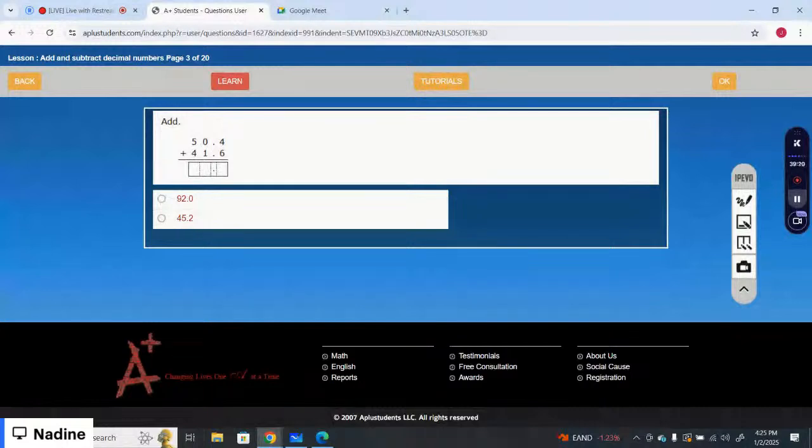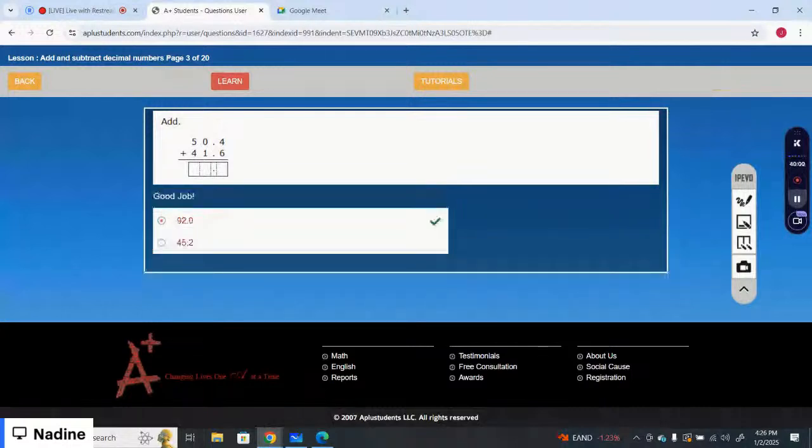So which is the correct option? That is 92.0. Option number one is the correct option. Very good.